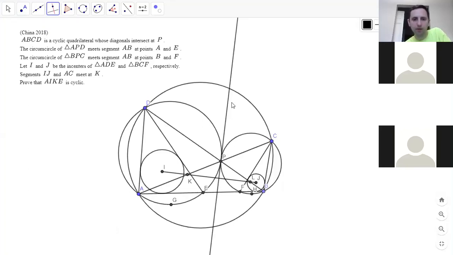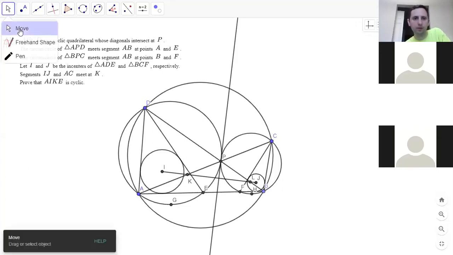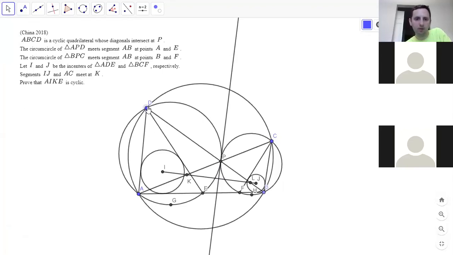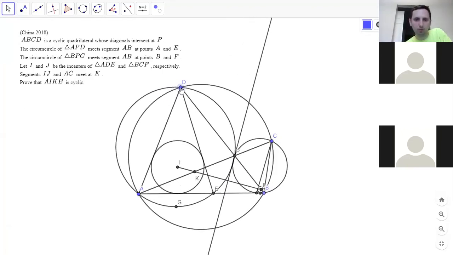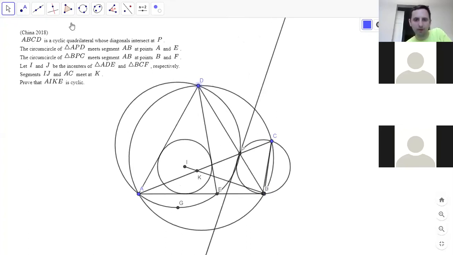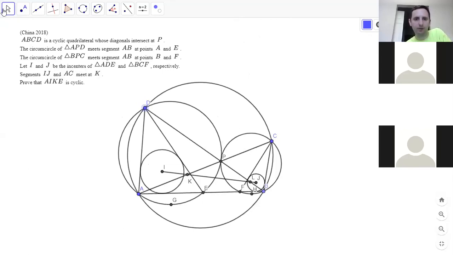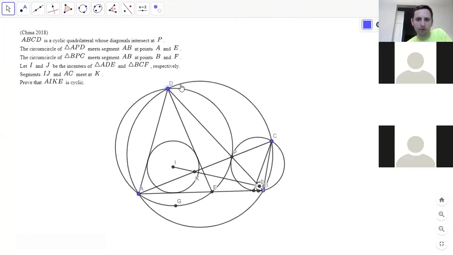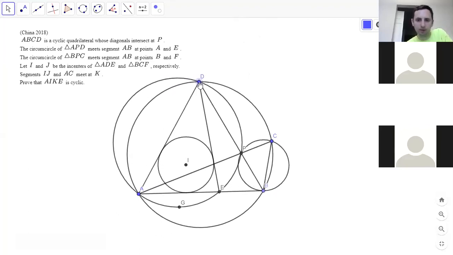Is the tangent to these 2 circles perpendicular to IJ? It looks true. No, it's not true. They're not tangent circles. They just look tangent here. Wait, are they tangent? I don't think, not necessarily.